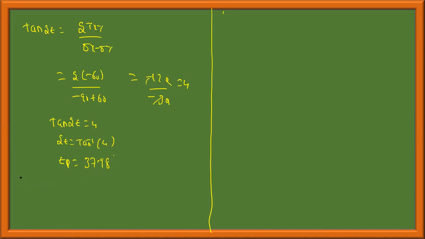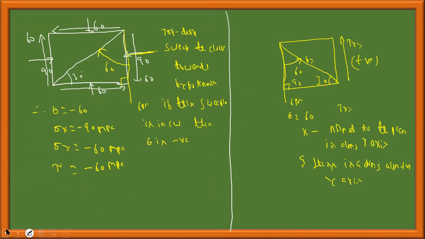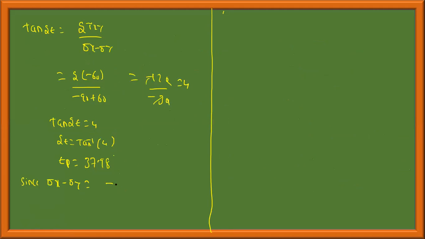Now since sigma x minus sigma y is equal to minus 90 minus 60 minus 90 plus 60, that is minus 30, it is negative.